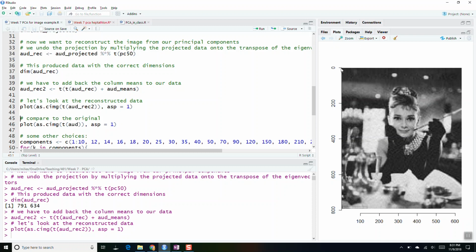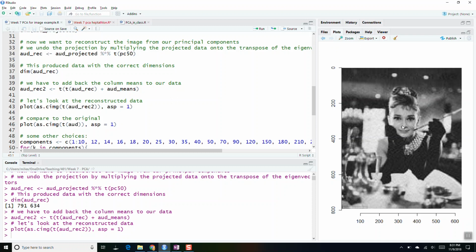I think that's kind of neat, right? All we've done is treat the image as a high dimensional data set and reduce it down to a lower dimensionality, in this case 50 dimensions. Then we used those 50 dimensions to reconstruct the original 634 dimensional data.